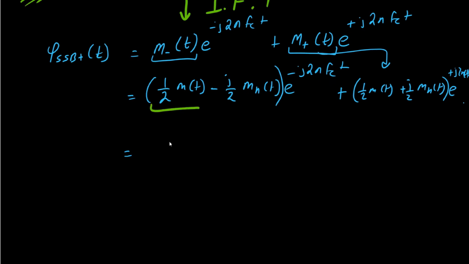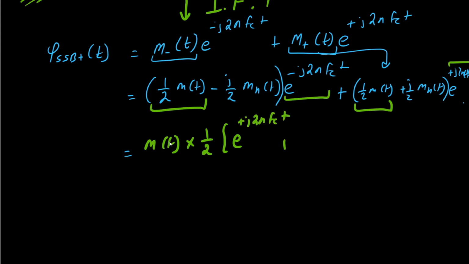To simplify further, we can extract out these terms. So now we would have m of t times 1 by 2 of e to the power plus j 2 pi fct plus e to the power minus j 2 pi fct.